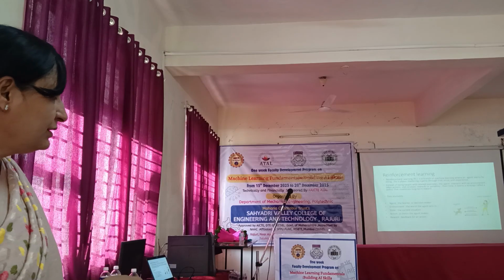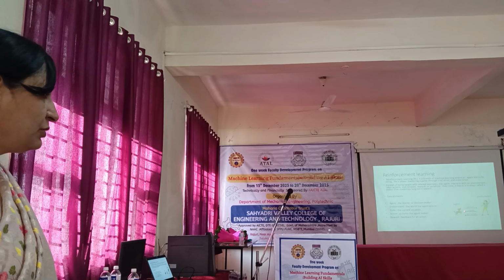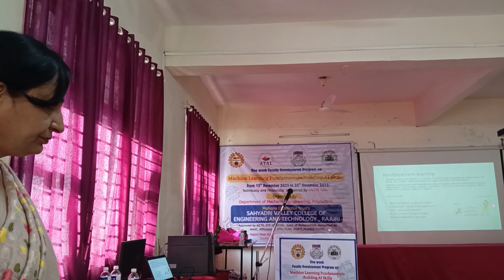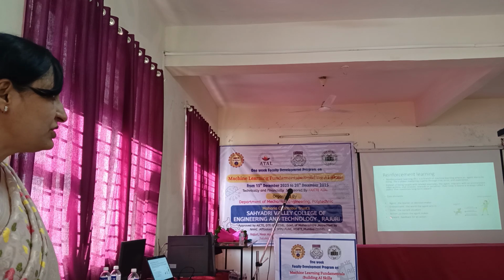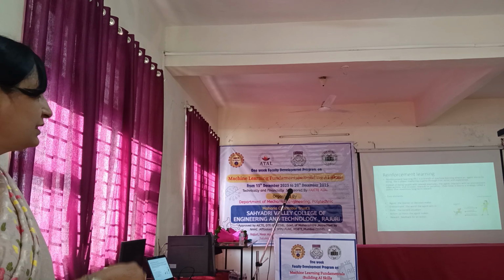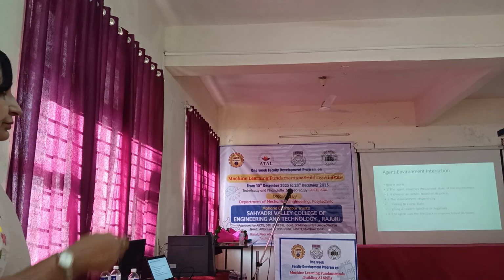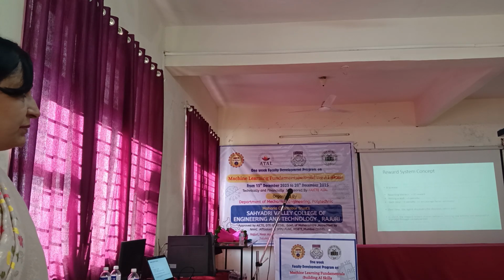See here, this agent, this dog, will do some action, and based on that his boss will give some reward to him. So agent, environment, state, action and reward are the things in reinforcement learning. How it works, agent, I will skip this one now.